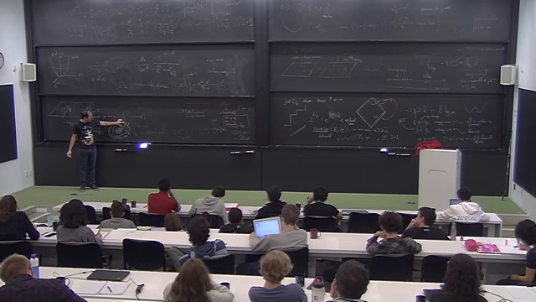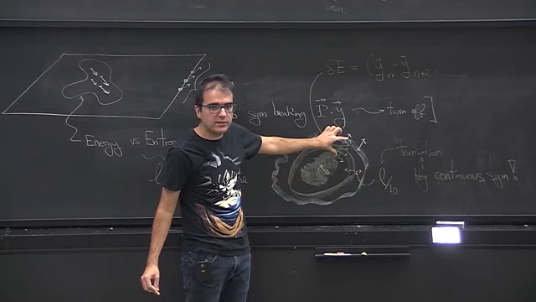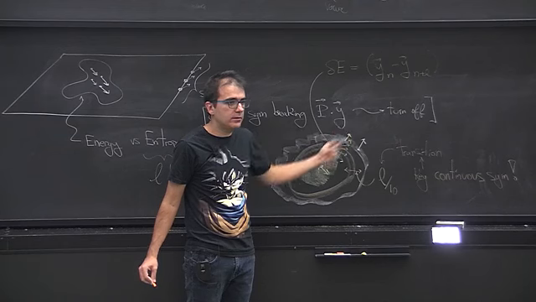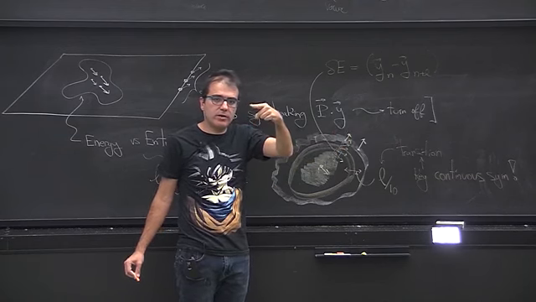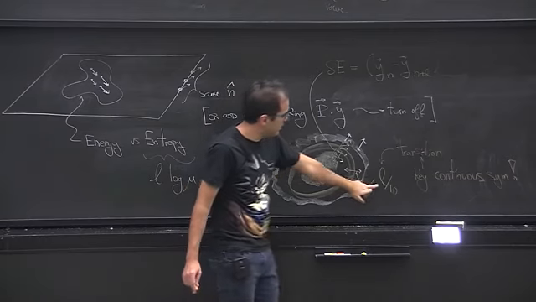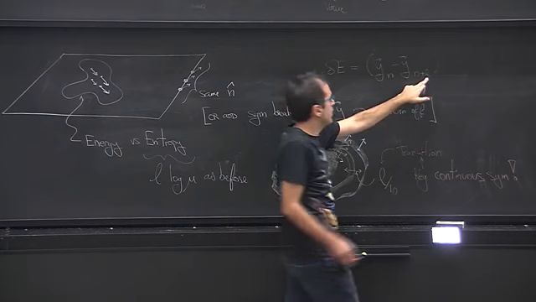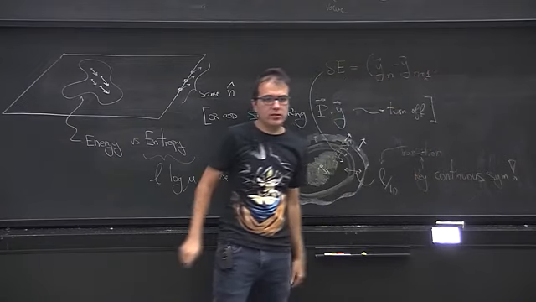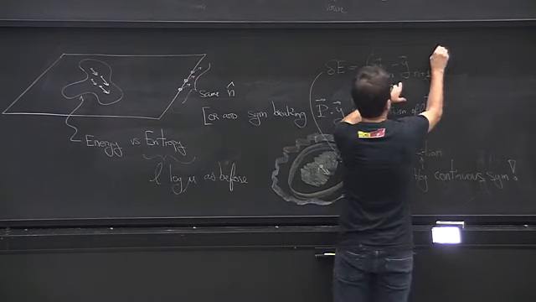If I have like L sides to change, or L over 10, if I have of order L sides to change, at each side I just need to change by 1 over L. Right? At each side, the vector is similar to the other one by 1 over L, right? Sorry, very bad notation. This L is the length, and this L is the neighbor, right? So let's put here n plus 1, right, to indicate it's the neighbor. It's not the vector, okay? And then it's the square, right?